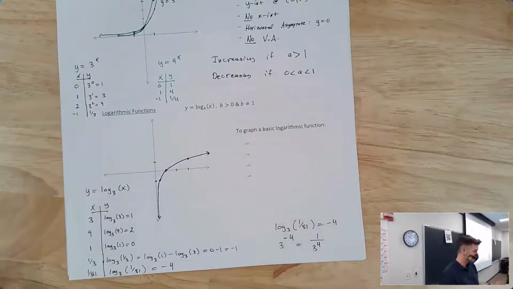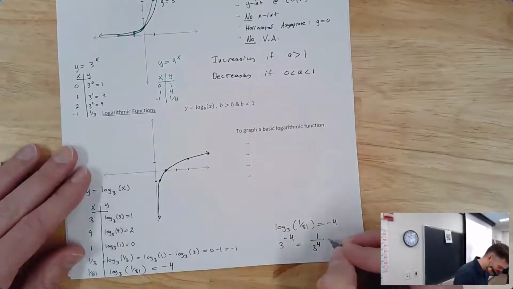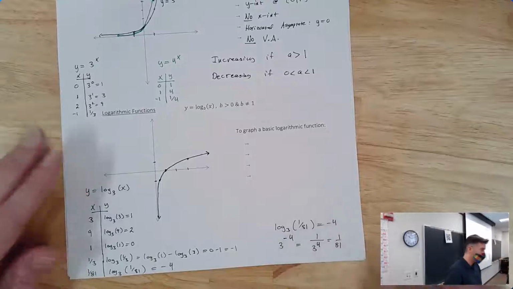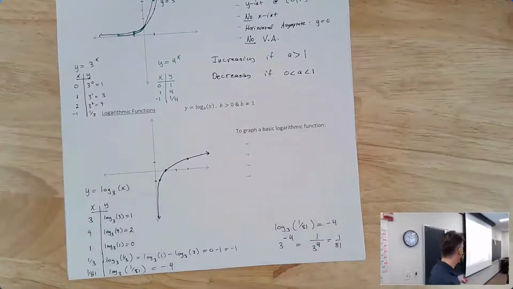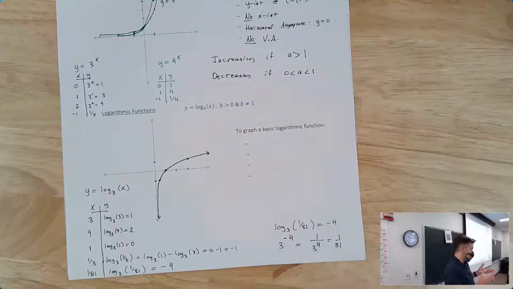And then 3 to the 4th is 3 times 3, which is 9, times 3 times 3, which is 9, and 9 times 9 is 81. So that's 1/81. Whenever you're taking a log of 1 over something, you're usually getting a negative number out, because you have to raise that base to a negative power to make a super small number.